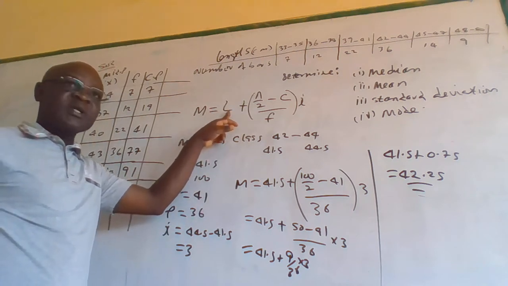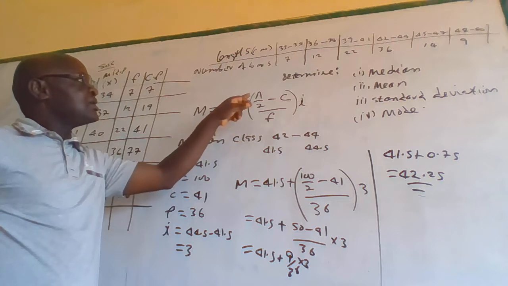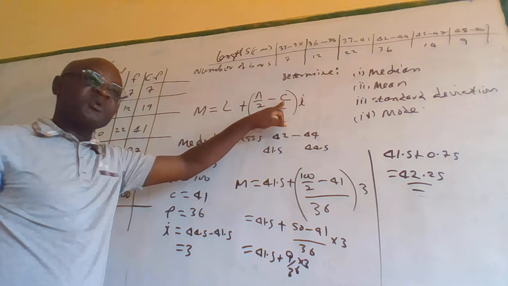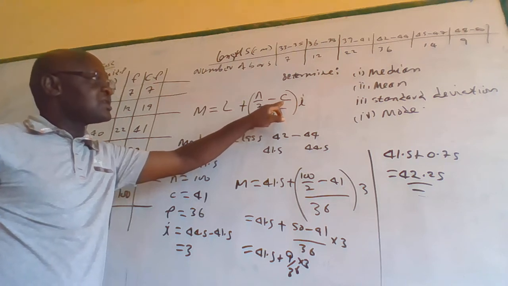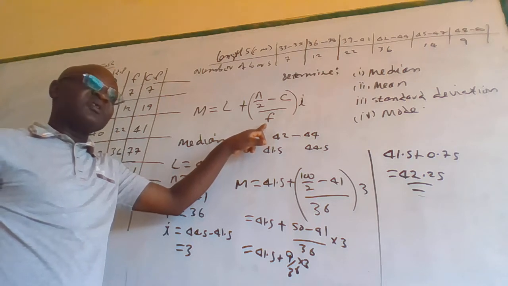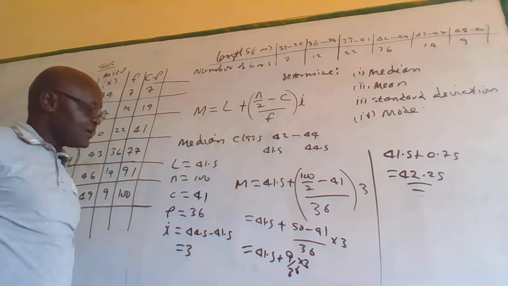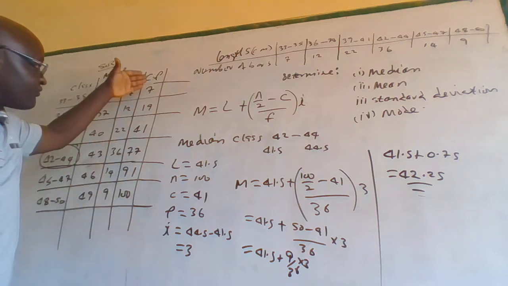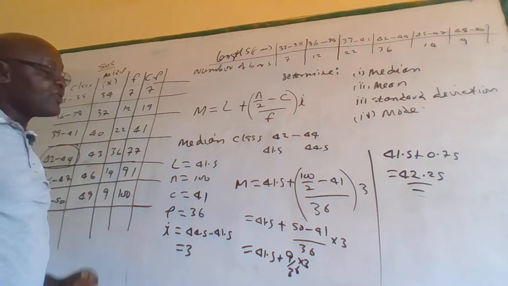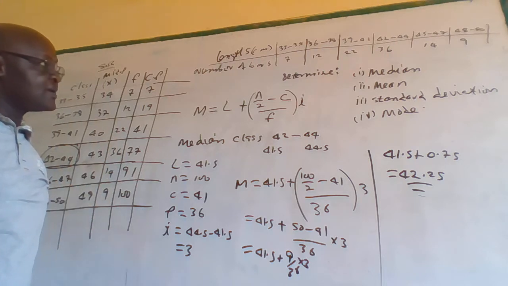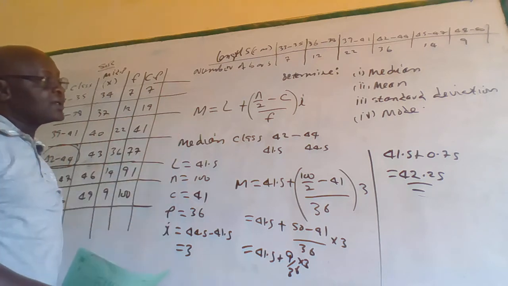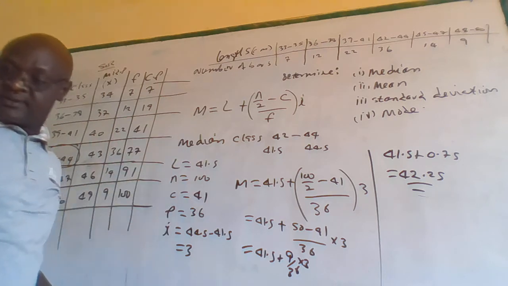L is the lower limit of the median class, N is the total frequency given, C is the cumulative frequency above the median class, and F is the frequency of the median class. Again, the cumulative frequency column is very important because it's the one that you use to identify the median class. So let's see how we can also calculate the mean.